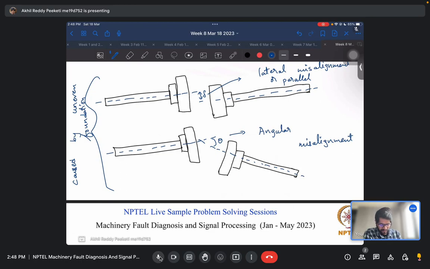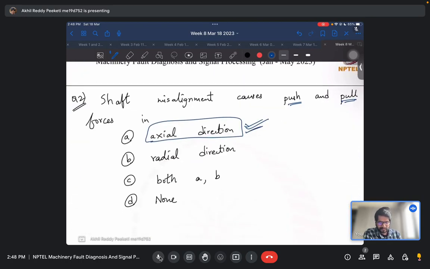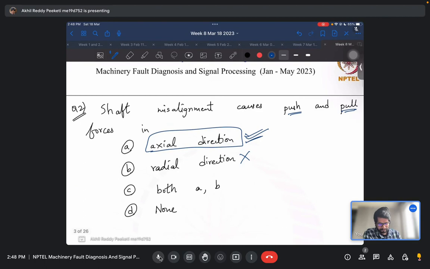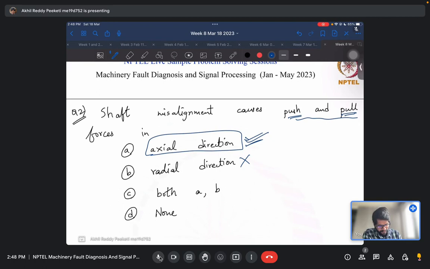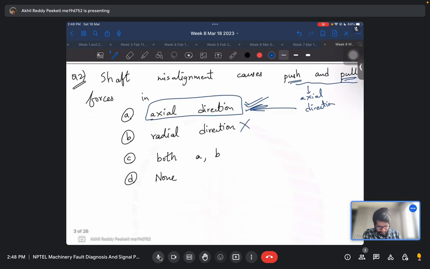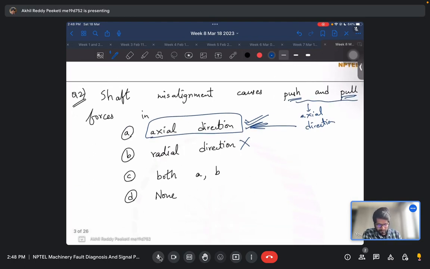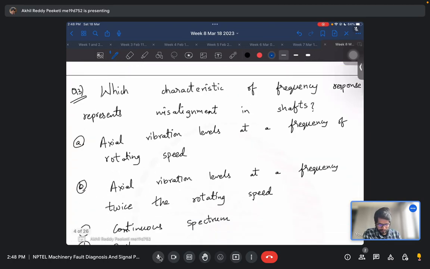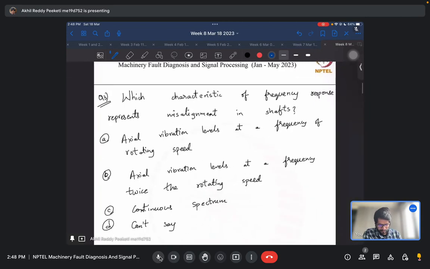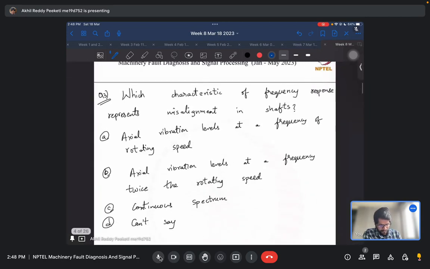So this will cause push and pull forces in the axial direction, and there won't be any forces in the radial direction due to misalignment. I hope this is clear. Next question.